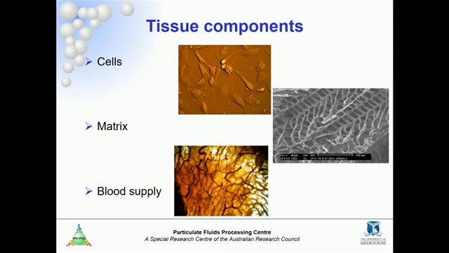So let's think about the technical aspects. Our tissues we can think of as comprising three main components. There are cells, there's some kind of matrix, the extracellular matrix that sits around those cells is very important, and there's a blood supply in almost all of our tissues. Cartilage is an exception, but for our other tissues the blood supply is very important.